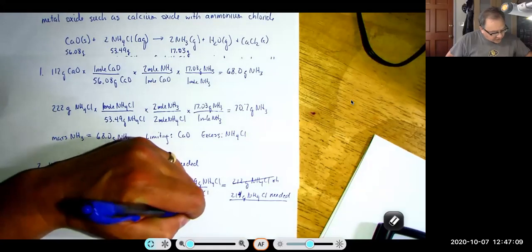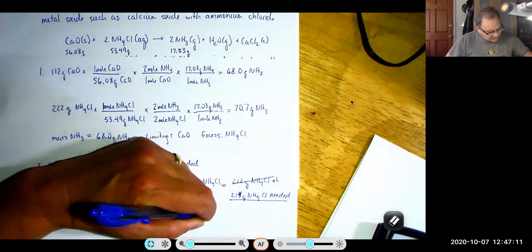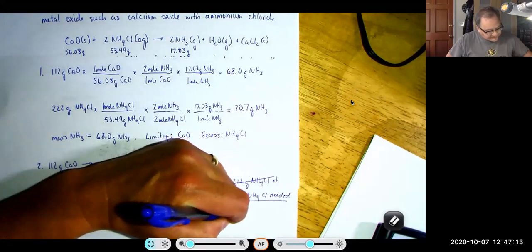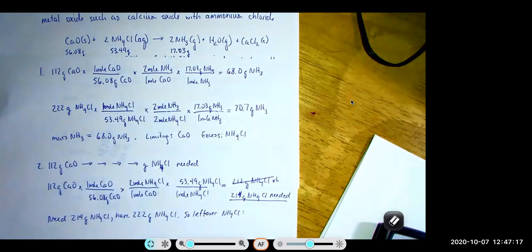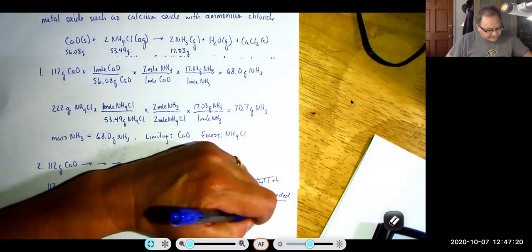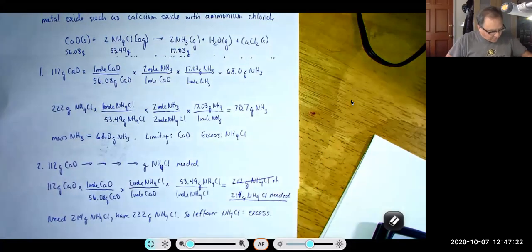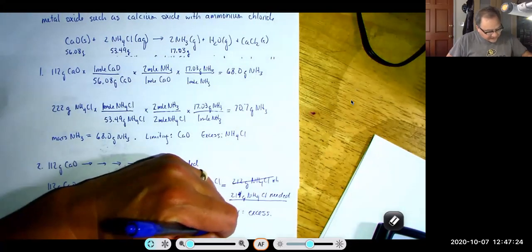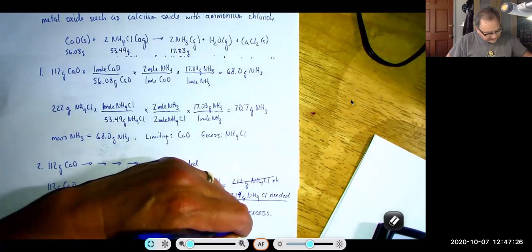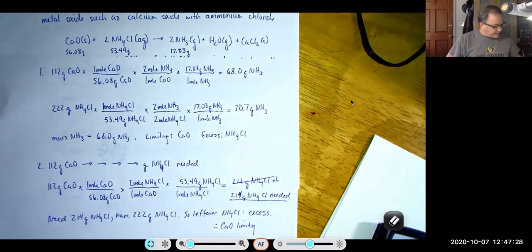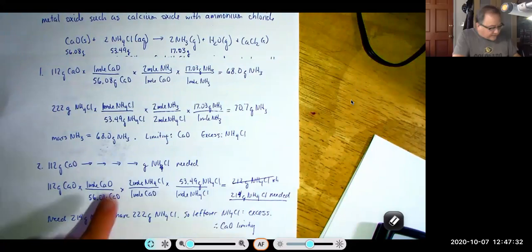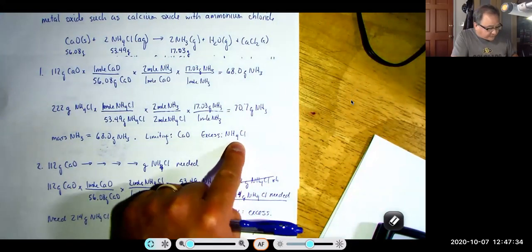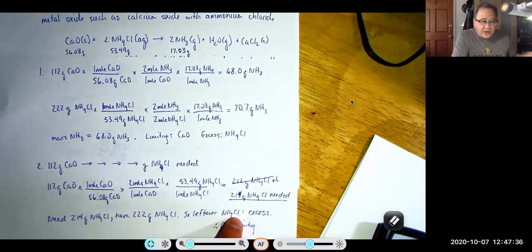So leftover ammonium chloride means it's in excess. Therefore, calcium oxide is limiting. Correct? Okay, so here we said ammonium chloride was in excess. Here we said ammonium chloride was in excess. We came to the same conclusion either way.